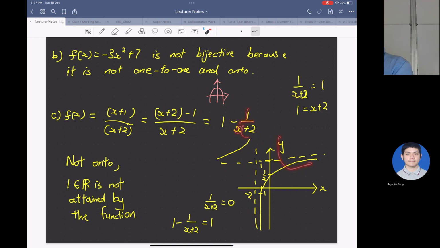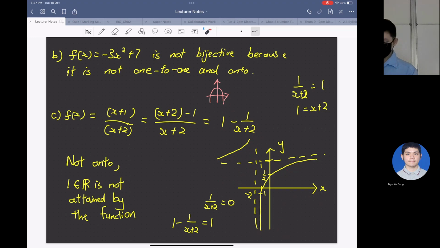Okay, 1 over x. So x is like this, 1 over x splits. Okay. And then minus 1 over x, so turn around. Okay. And then 1 over x plus 2, so it shifts on the y value. And then plus 1 to all the numbers, so everything goes up.